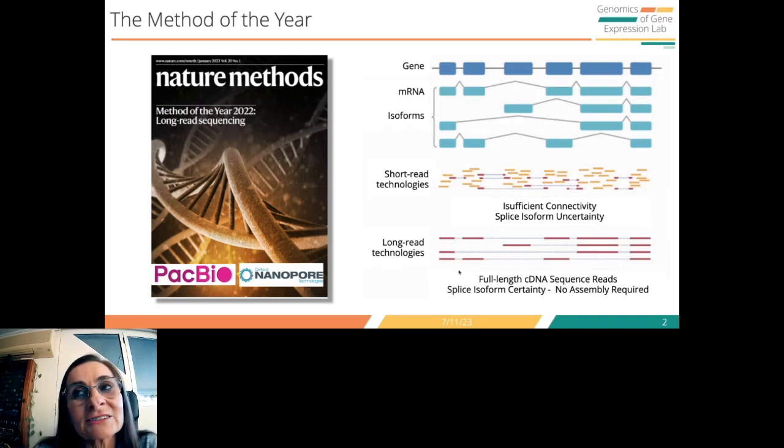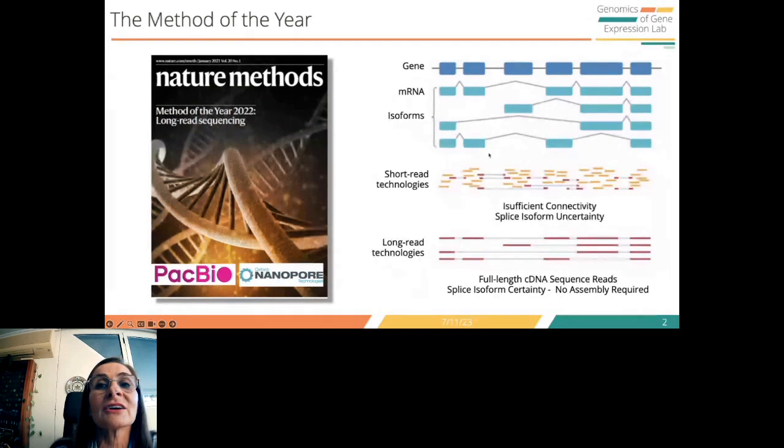This results in a number of alternative isoforms being expressed from the same gene in a particular tissue at a particular moment. And you probably know that with short read technologies, because the read length is short, it is quite hard to reconstruct this complexity, since transcripts are much longer than the reads.